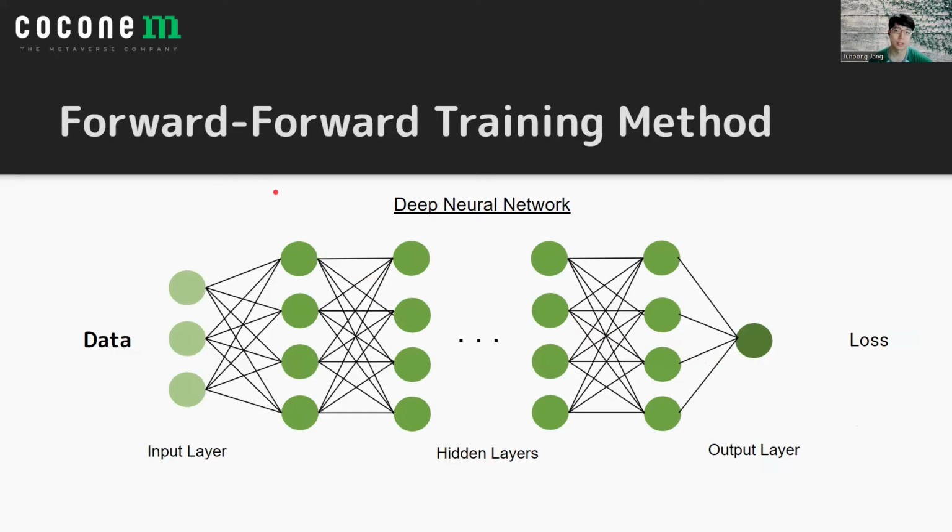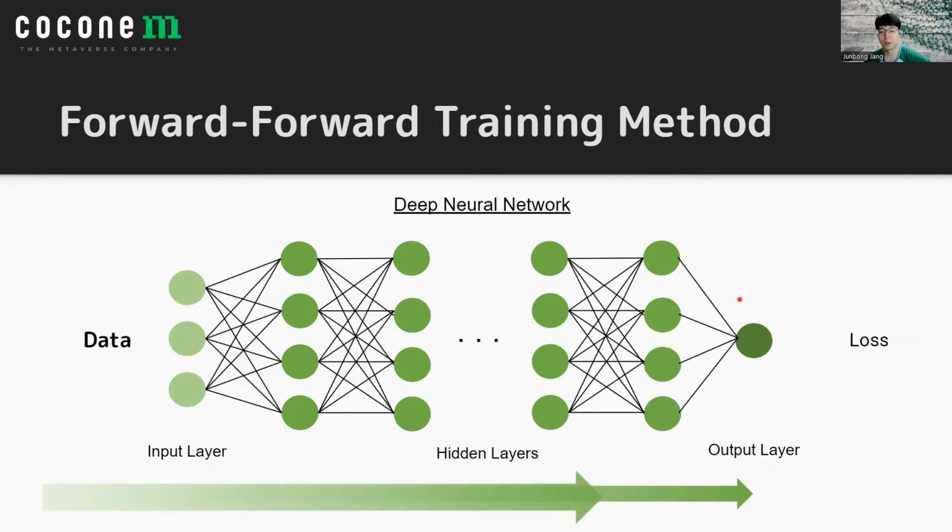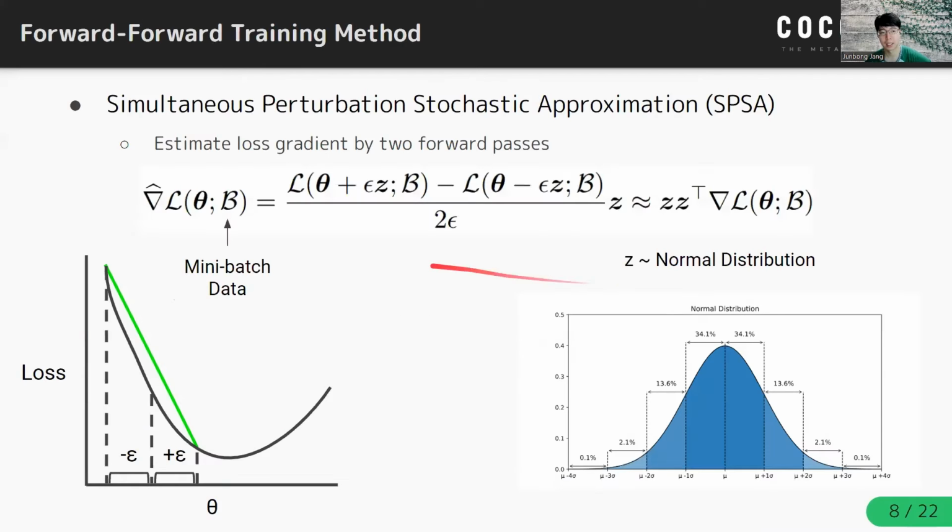But in the forward-only training method, we compute the forward pass as before, but the difference is that we only compute the forward pass twice without backpropagation. So here is the actual formula for training it. Simultaneous perturbation stochastic approximation, SPSA, estimates the loss gradient with 2 forward passes.